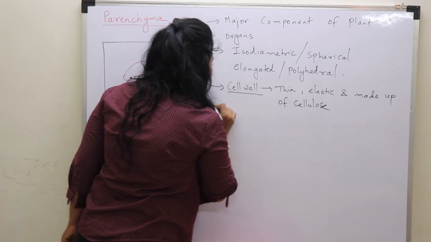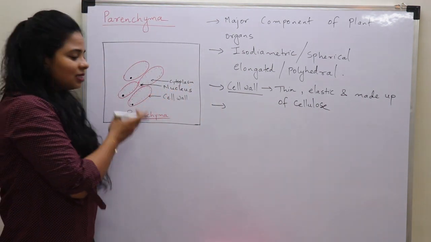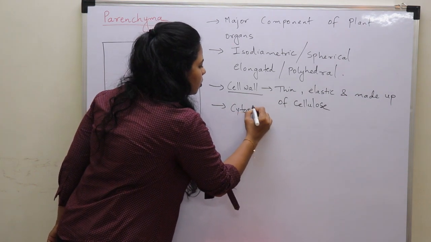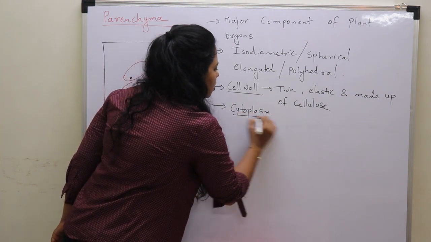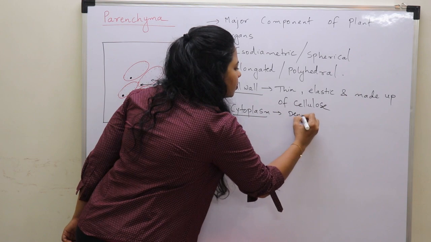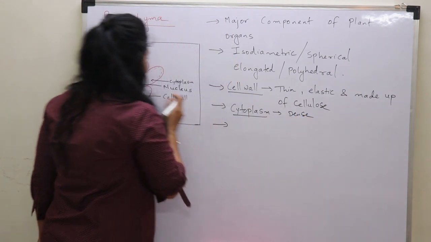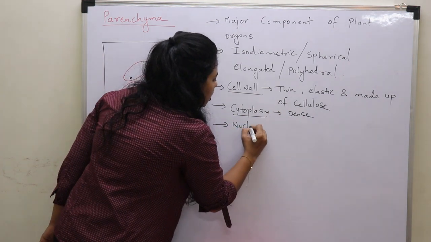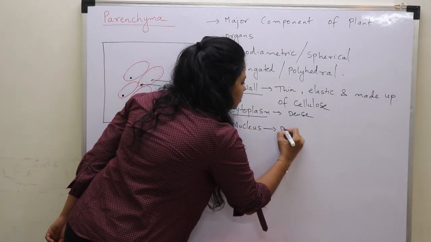Next, as you move inside, there is cytoplasm. It is dense. Next after this is the nucleus. So, nucleus is distinct.